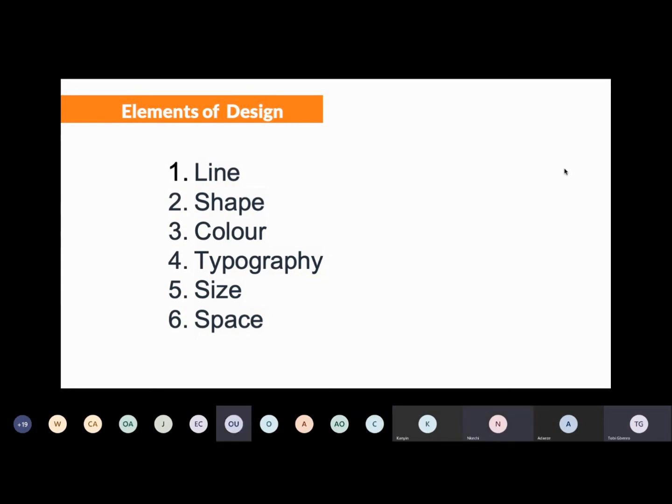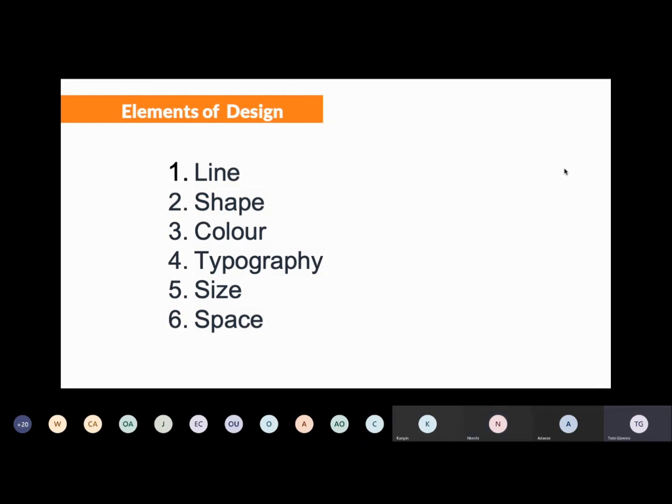Color is what gives life to a design. Typography is the text, the wordings, and I explained that the wordings vary per industry. You should know which industry you are designing for before you go ahead to design. And size, how big should something be? Like I said, the main title needs to be bigger than the rest, right?